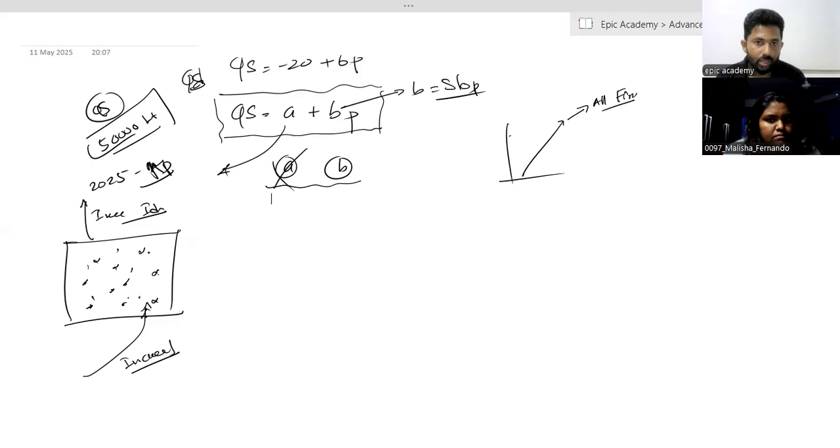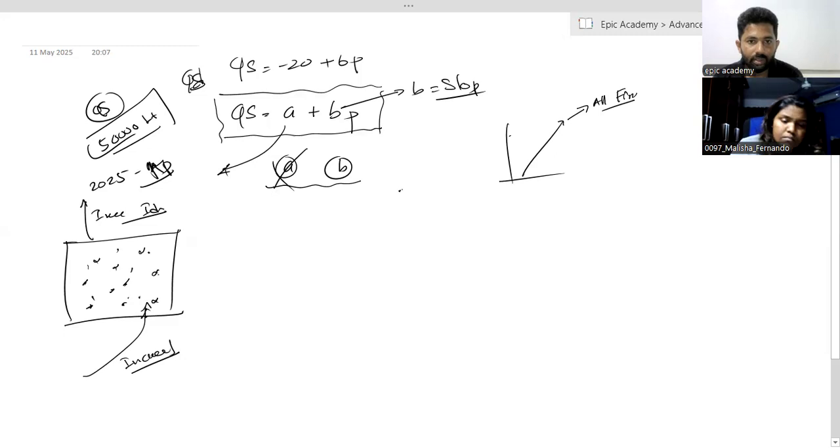In that particular question, they say that suppose the number of sellers increases and supply changes by 5. By 5 means plus 5, not minus 5.